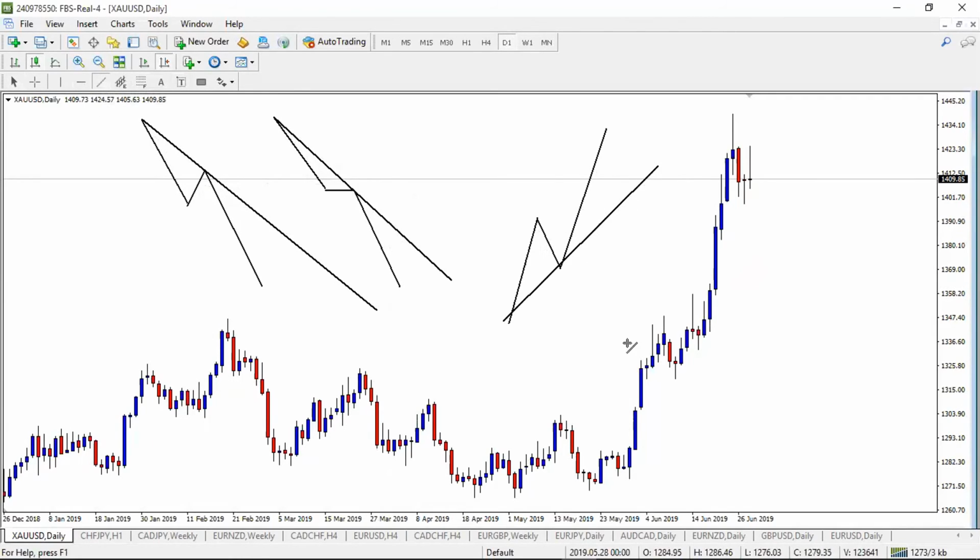But if you have this, this is also a correction, but it's not pulling back. But you cannot connect a trend line like this. You need a pullback, then a continuation. All right.